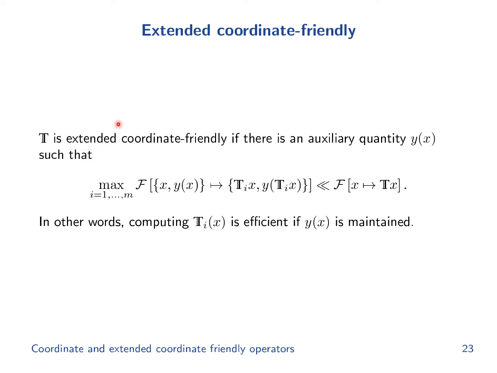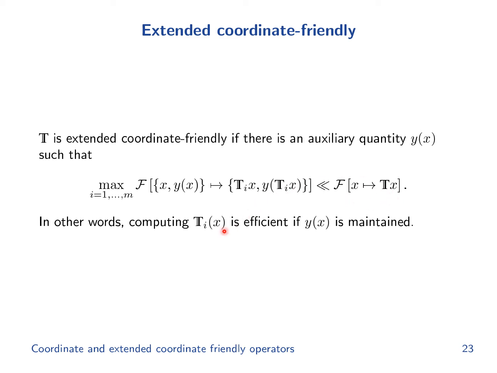Coordinate-friendly operators, although parallelizable, are quite limited. And here we introduce a much bigger set of extended coordinate-friendly operators. An operator is extended coordinate-friendly if there exists an auxiliary quantity y that depends on x such that, over the worst coordinate, the cost of updating x over that coordinate or block and updating y correspondingly is still much less than the cost of updating x to Tx.